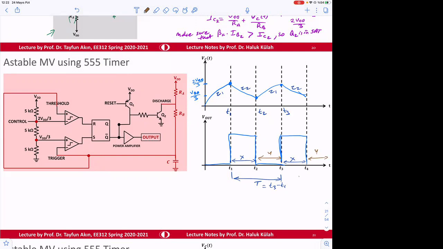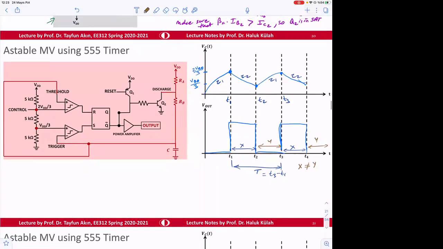Okay. So X is not going to be equal to Y because the target and initial voltages are different. Besides, the time constants are different. So how can we determine this? You will have a signal that is not equal.